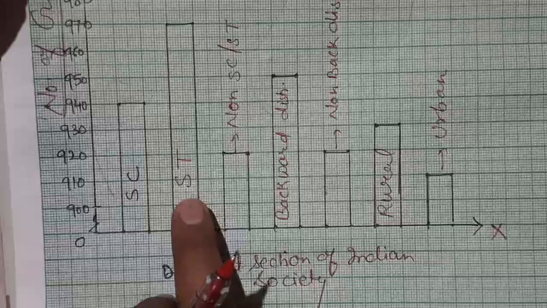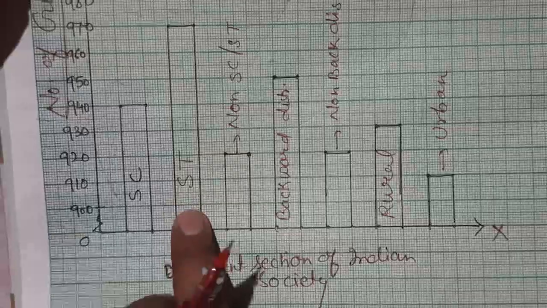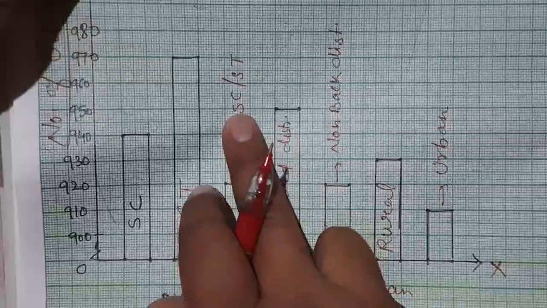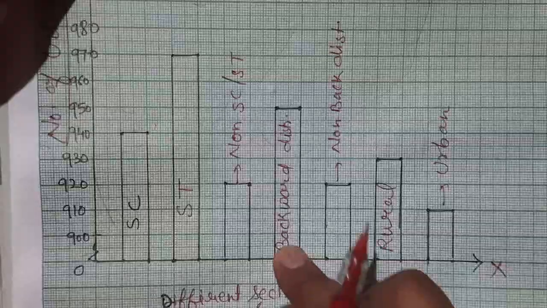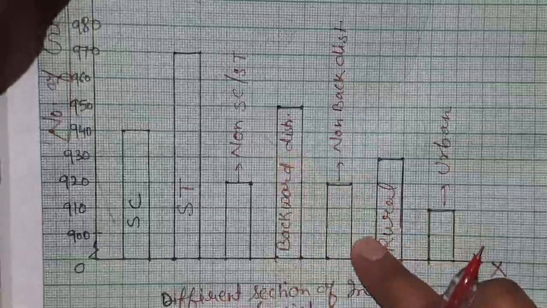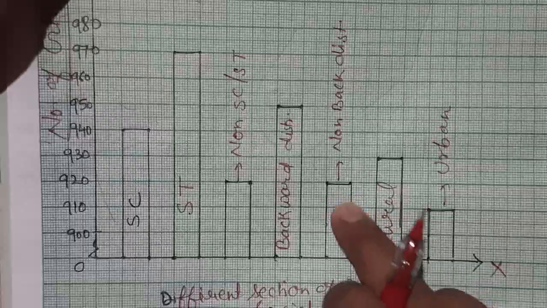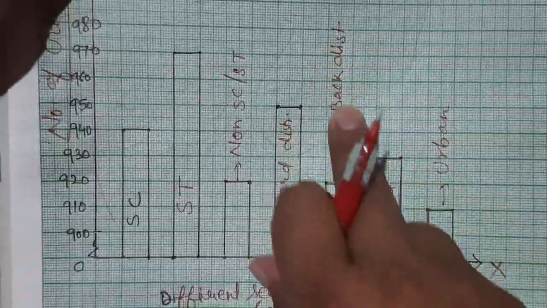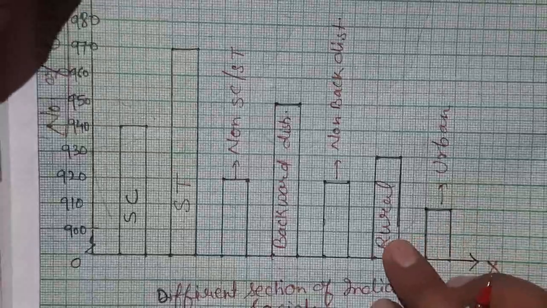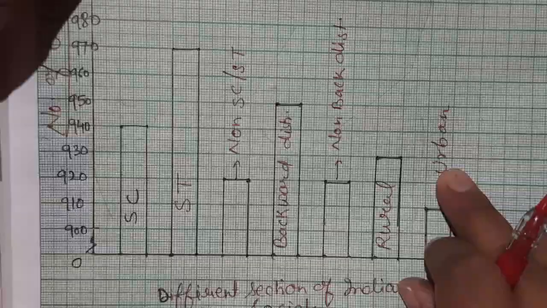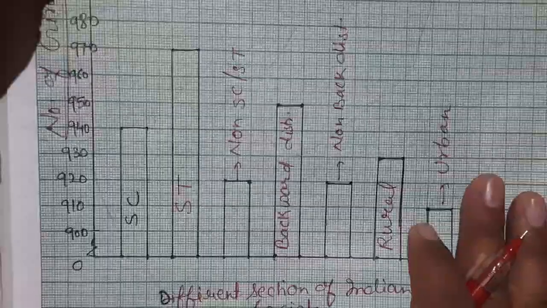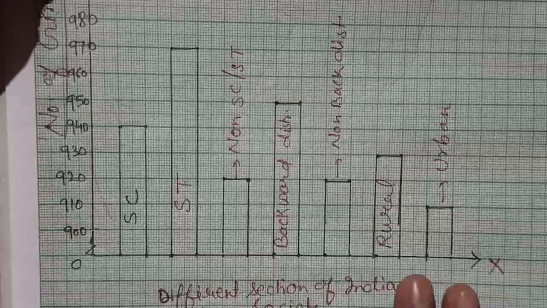This is ST, this is for SC, this is for ST, this is non-ST SC, this is for backward district, non-backward. It is very small, so I am writing over here. Non-backward district, this is rural, this is urban. So this is the bar graph for the given data.